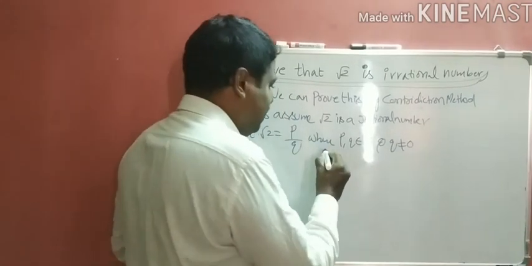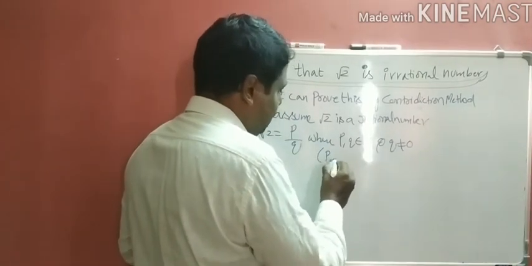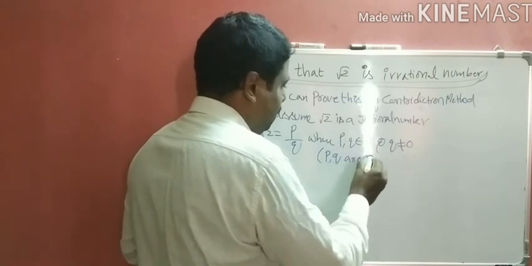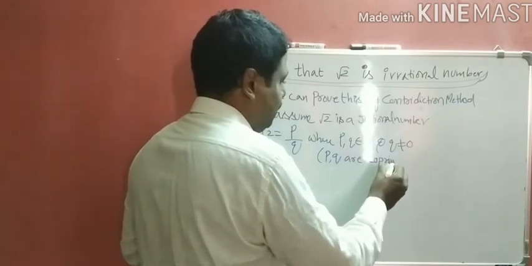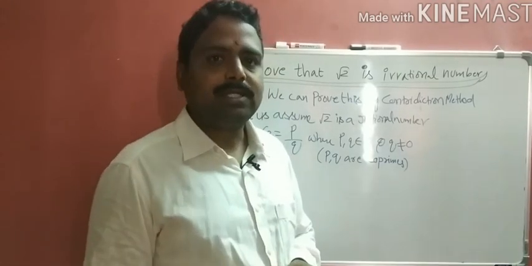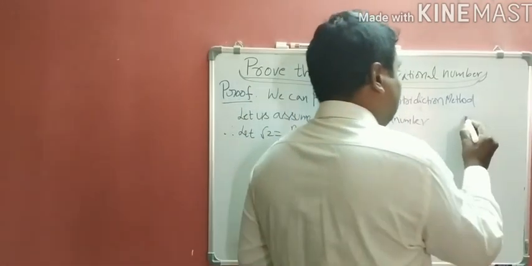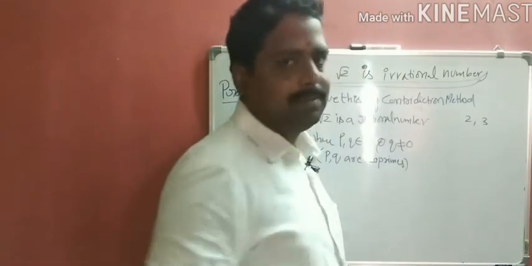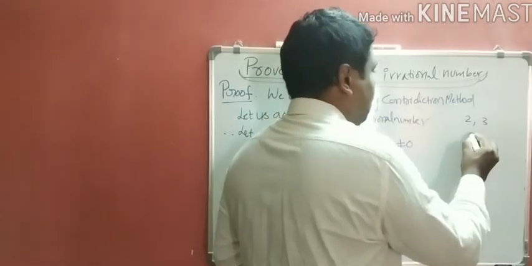And here let us take another assumption, p, q are co-primes. Which primes? Co-primes. What is the meaning of co-primes? For example, let me take 2, 3 are co-primes. Understand?